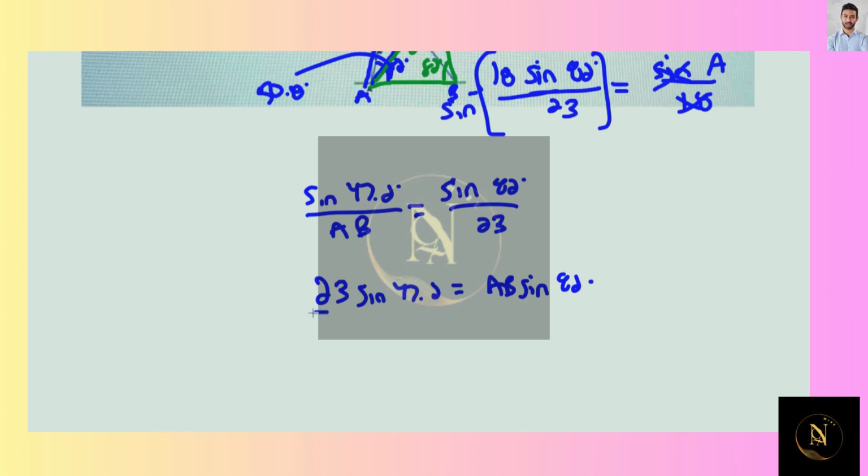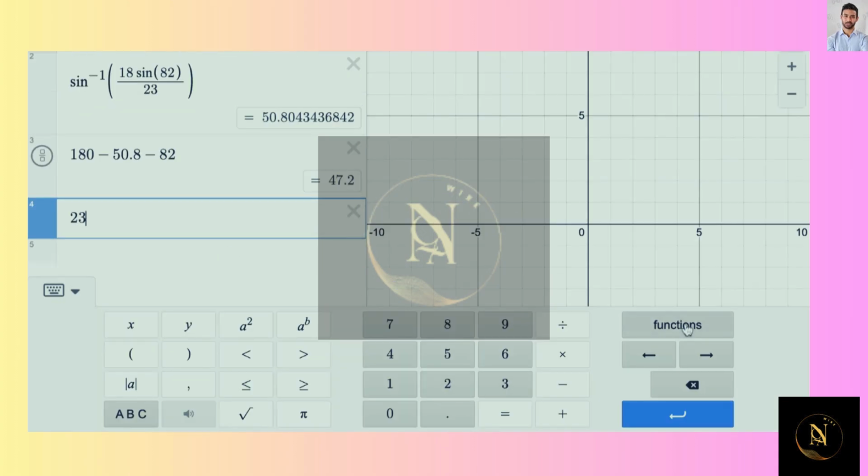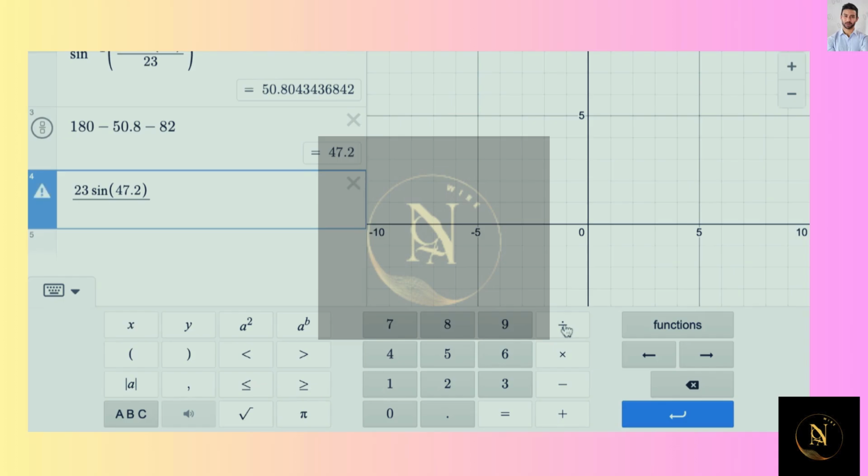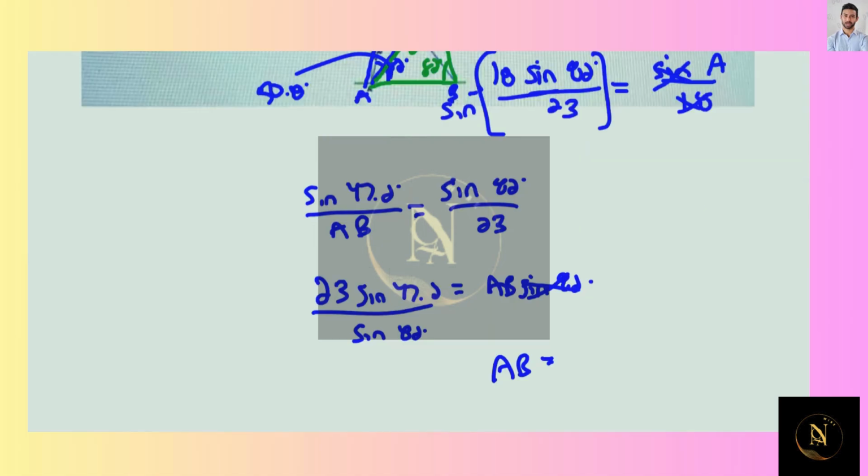Then just divide both sides by sine of 82 degrees, and we have side AB. So 23 sine 47.2 over sine 82 gives us, let's call it 17.